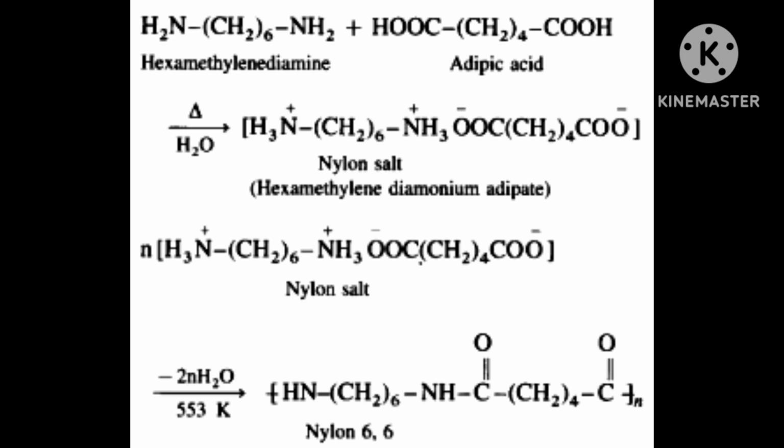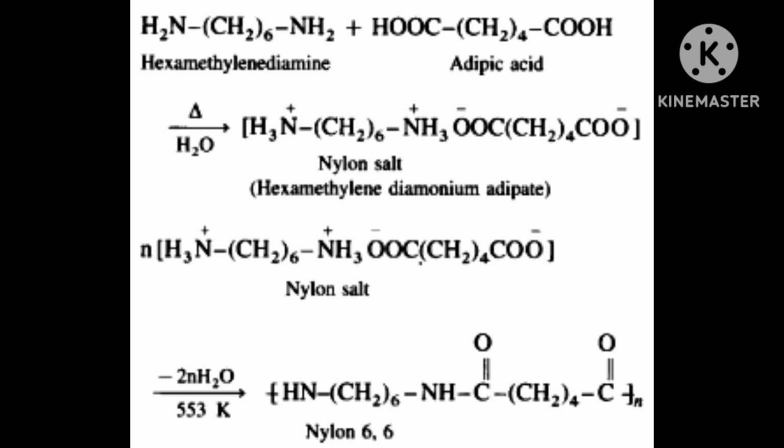Now the second polymer of polyamides, nylon 6. It is also a polyamide. Nylon 6, not 6,6, 6,6 already I told you, but here it is only nylon 6. It is obtained by heating caprolactam.